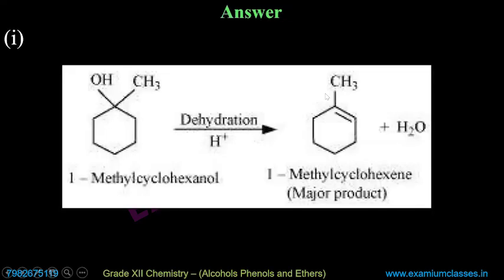Okay, Ashi, correct answer. So dehydration means this OH will go away and H will go away from the adjacent carbon. Adjacent carbon means either this one or this one. So whether you have the double bond here or here, it is the same product. Hydrogen goes from here. Remember, these all are CH2 in the cyclo ring, not written here.